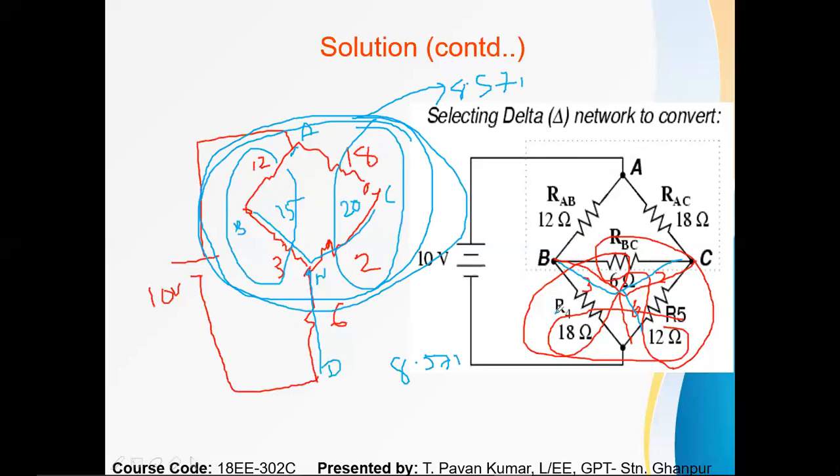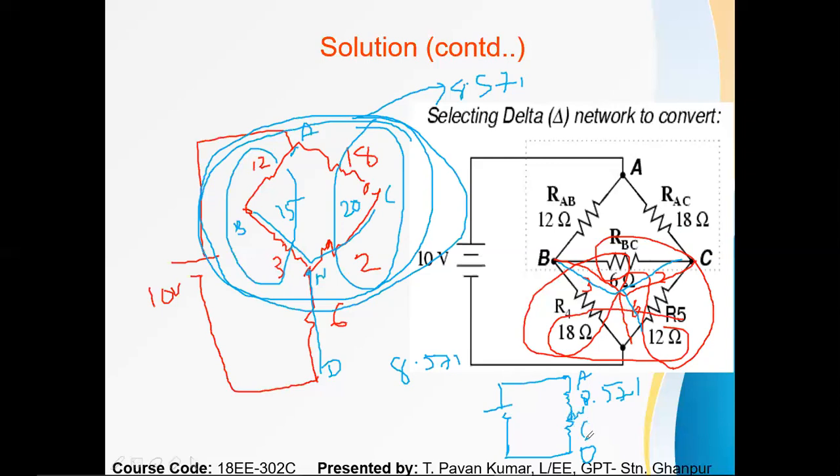I'm going to redraw the circuit like this. This is A, this is N, and this is D. The resistance between A and N is 8.571, and the resistance between N and D is 6 ohms.